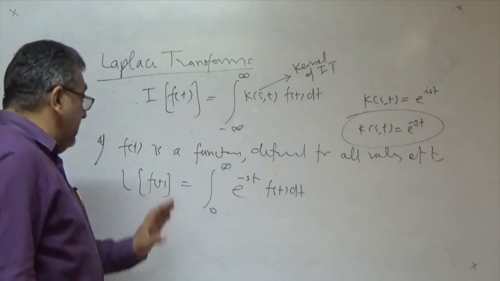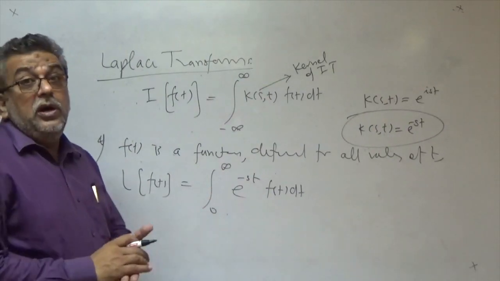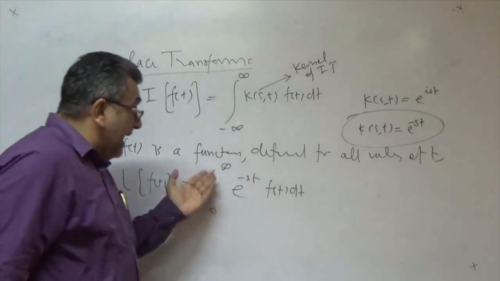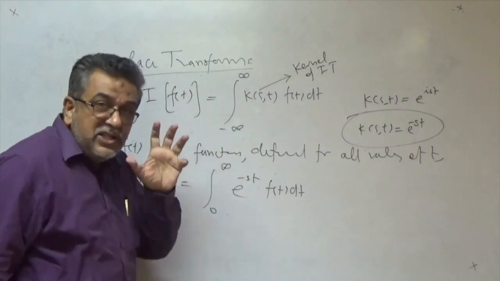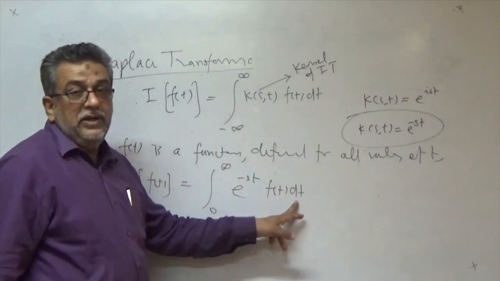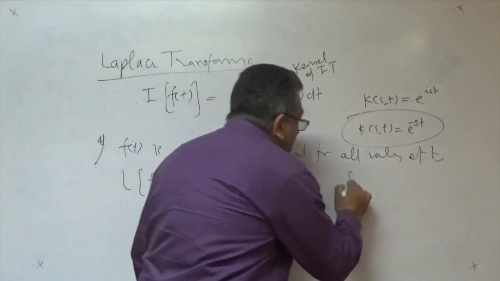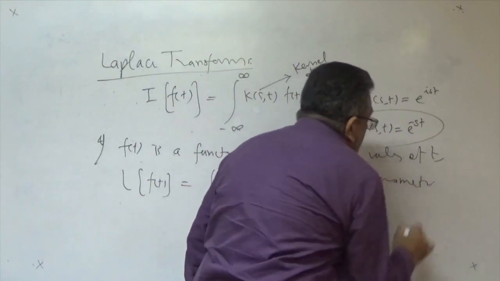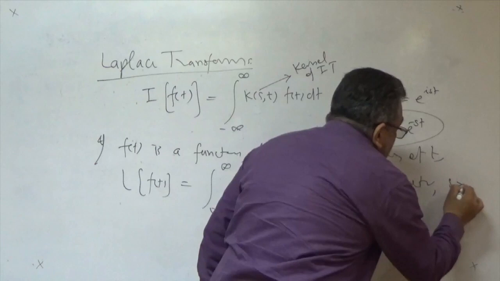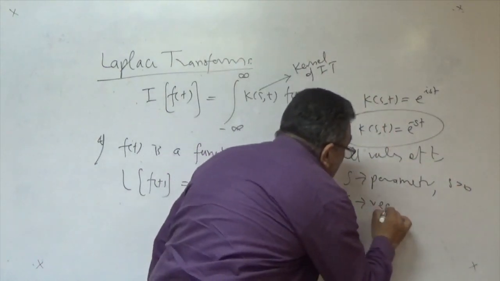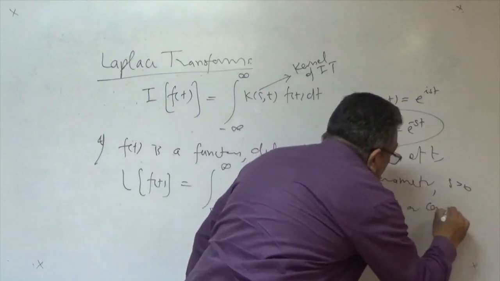As I told you at the time of the Fourier transform, if you analyze this integral, it is a definite integral with limits 0 to infinity with respect to t. Here s is a parameter. Number one, s is always positive. Number two, s may be real or complex.